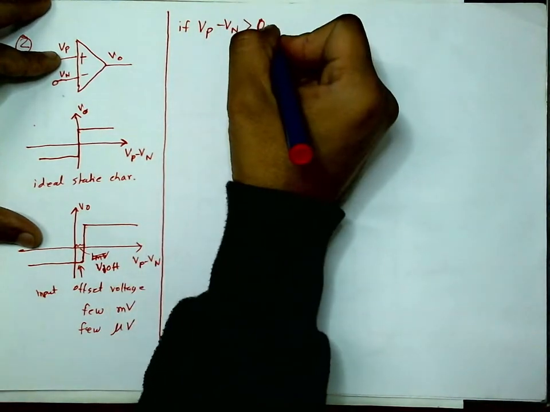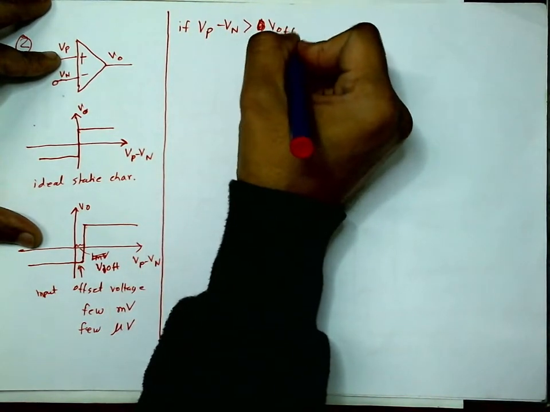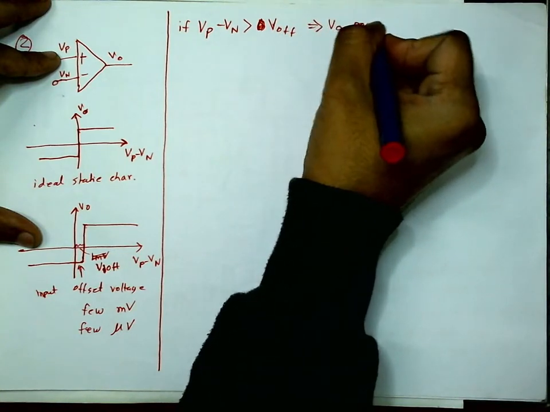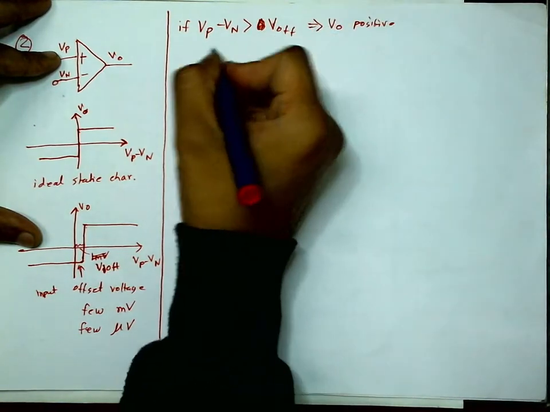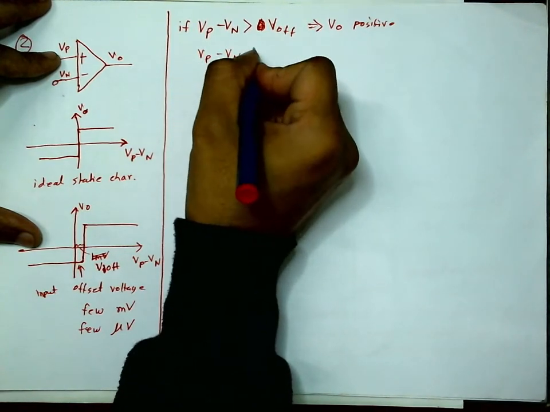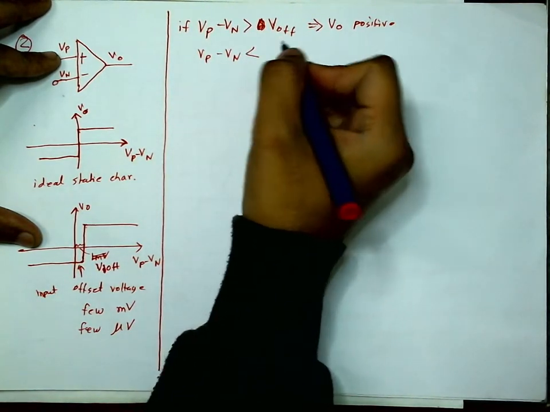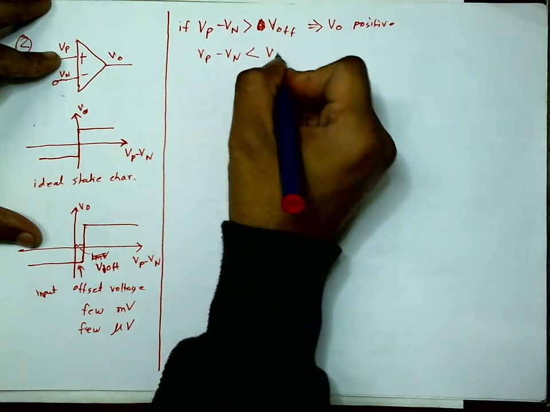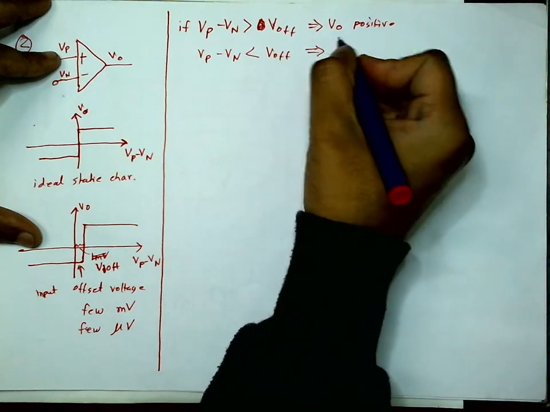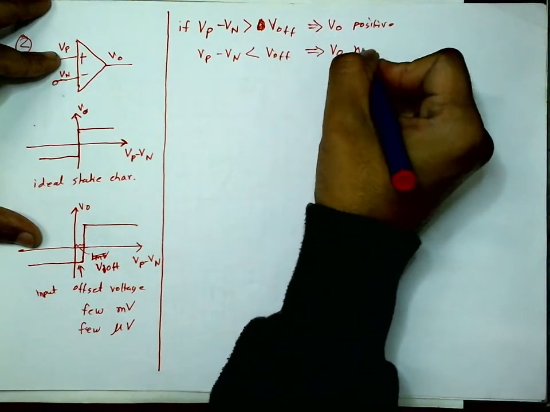If this is greater than V off, then Vo is positive, else if Vp minus Vn is less than V off, then Vo is negative.